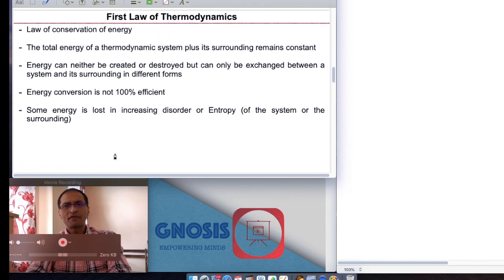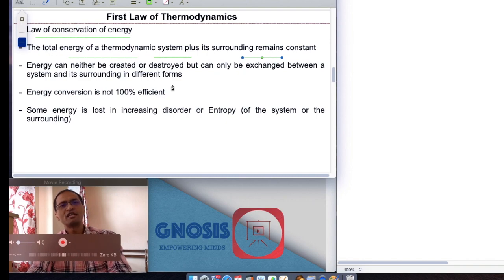So when we look at the first law of thermodynamics, that is the law of the conservation of energy. This law states that energy, as we know, can neither be created nor destroyed, but can only be transformed, it can only be exchanged between a system and its surroundings in different forms.